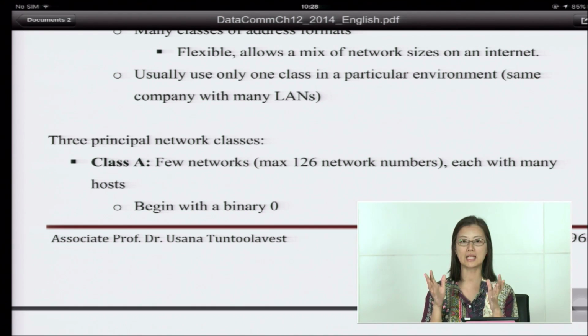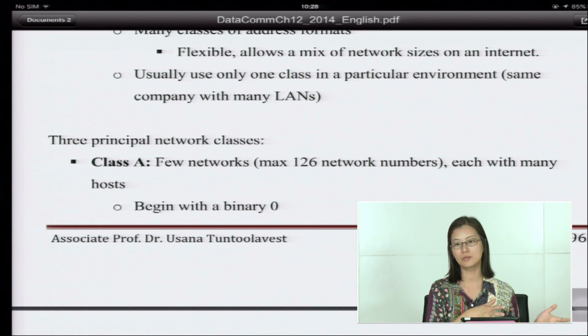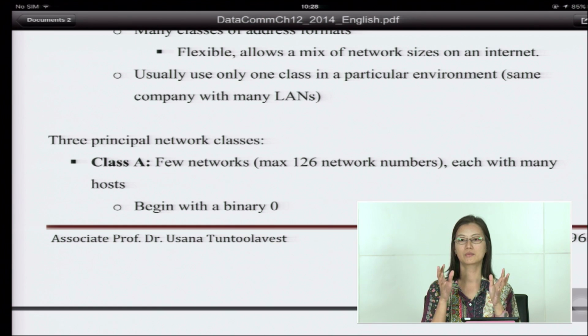For example, if you have a company and you have many LANs, maybe the LAN for this building and the LAN for another building, then you want to use the same class of address if you are the same company.